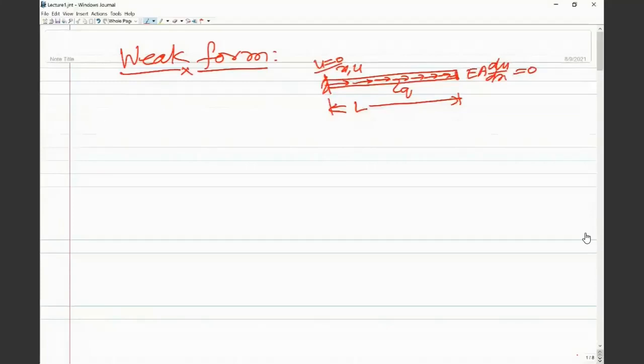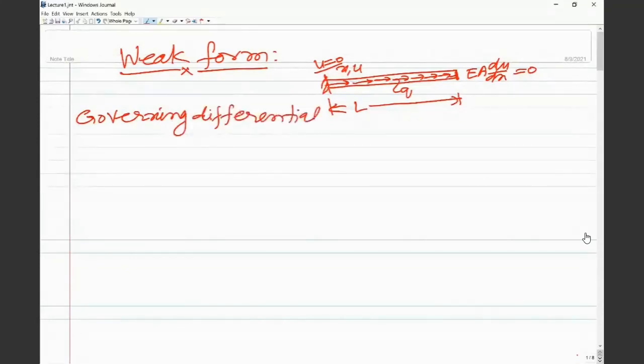You would have done the differential equation for this. The governing differential equation for this problem: you take a small differential element, draw its free body diagram and write the equilibrium equation.